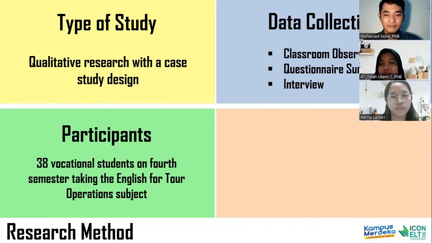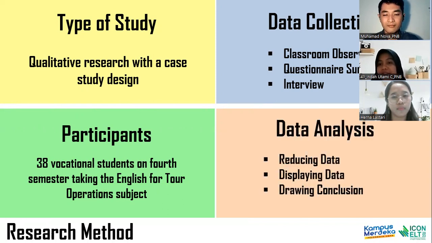The first one is classroom observation, the second one is a questionnaire survey, and the last one is interview. After gathering the data, we analyzed the data through several steps. The first one is reducing the data, then we displayed the data, and the last one is drawing conclusions.